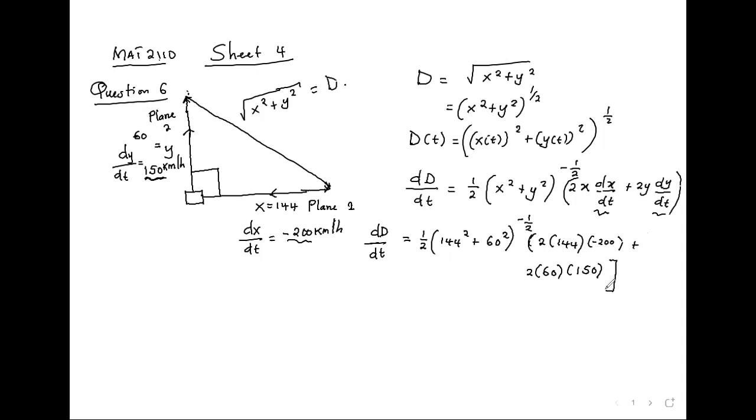So to make a difference here, I'll use these brackets like this. Then we have something like 1/2, and then the square root because that half is negative there. Then we add now 144 squared.